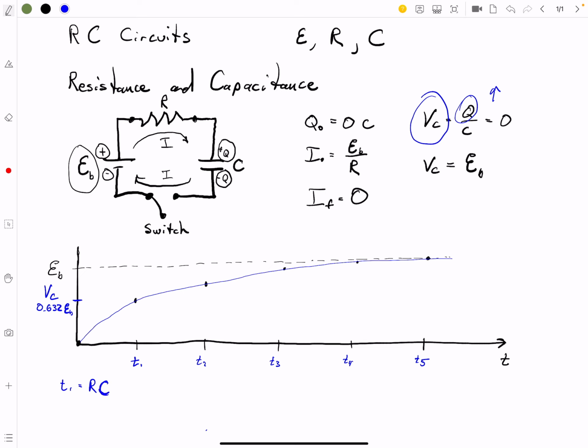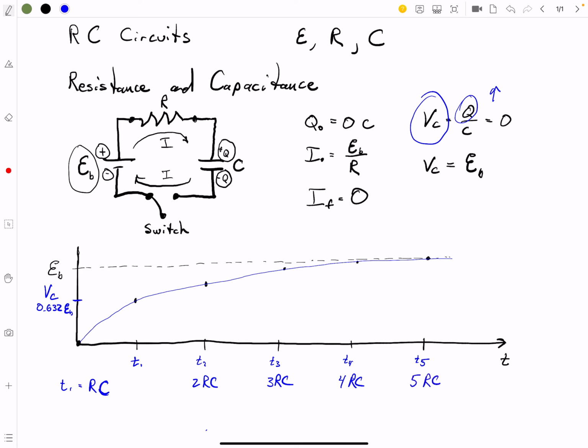And believe it or not, I'm just supposed to tell you it. I'd like to prove it to you, but I can't. T2 actually is 2 RC, then 3 RC, 4 RC, and 5 RC, and so forth.